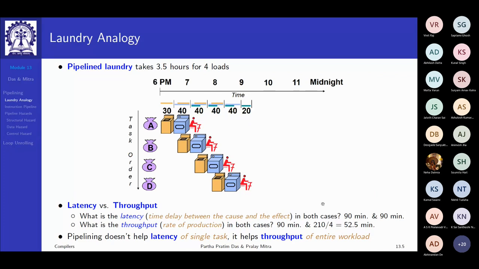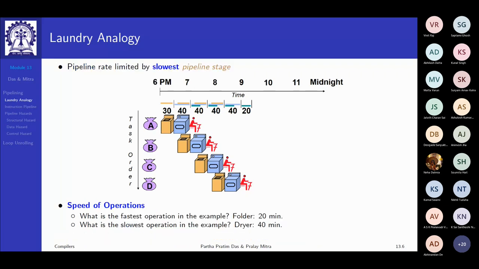So in terms of the utilization of the system, the throughput of the entire workload is substantially getting reduced, while the latency of a single task does not change. So a few of the other observations that we can make is, what is the rate of this pipeline? What is the rate at which it could put out this throughput? Certainly, the rate is limited by the slowest pipeline stage, right?